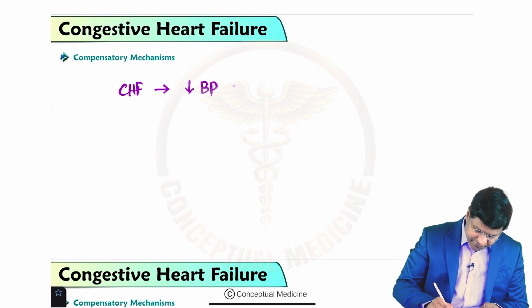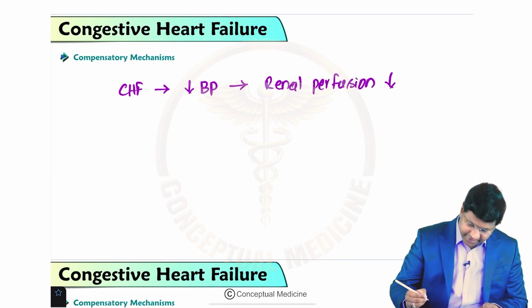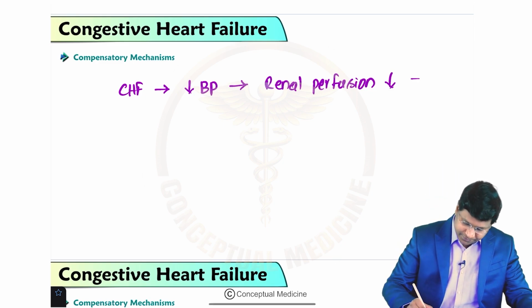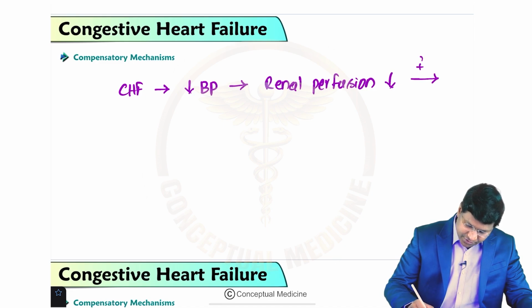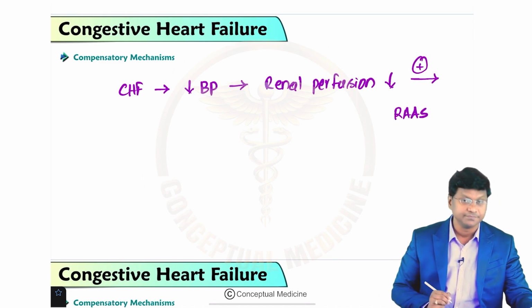Now as the blood pressure of the individual is reduced, what will happen to renal perfusion? Renal perfusion is also reduced. So once the renal perfusion is reduced, there is activation of the renin angiotensin aldosterone system.